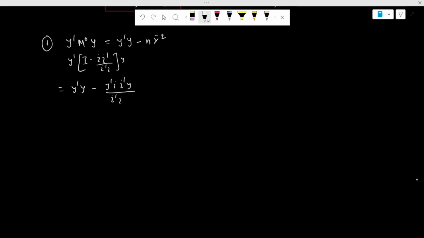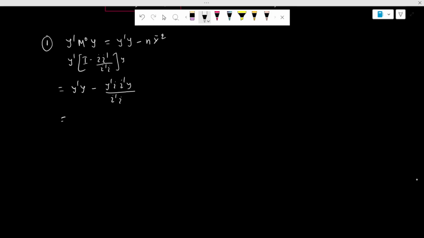Now let us explain y transpose M0 y. This should actually be equal to y transpose y minus n y bar square. Let us operate it. This is equal to y transpose y minus y transpose i i transpose y divided by i transpose i.